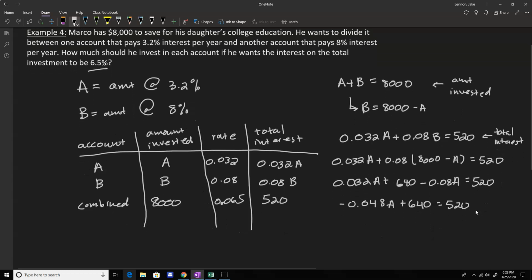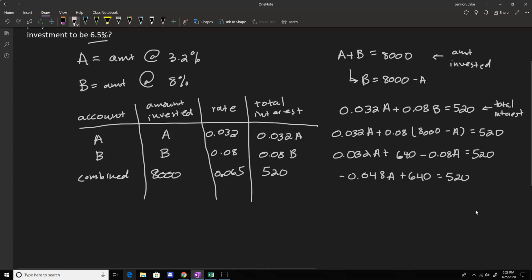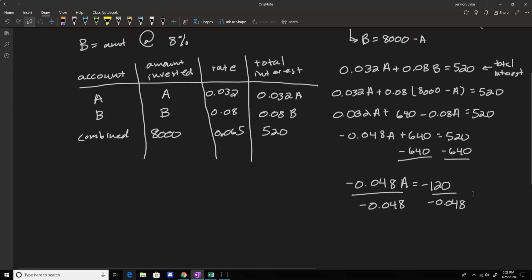Then we subtract 640 from both sides, so we're just left with negative 0.048 times A, which is equal to negative 120. We're multiplying A by negative 0.048, so we just divide by negative 0.048, and we get our value for A.